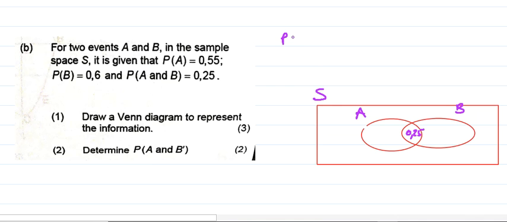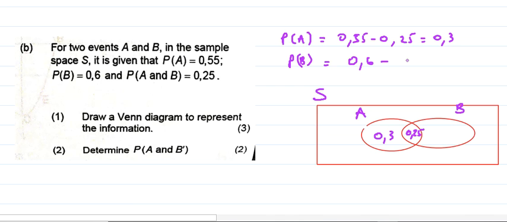So if you want the probability of just A only, it would be 0.55 minus 0.25, which is 0.3. And for the probability of B, likewise, probability of B only will be 0.6 minus 0.25, which is 0.35.